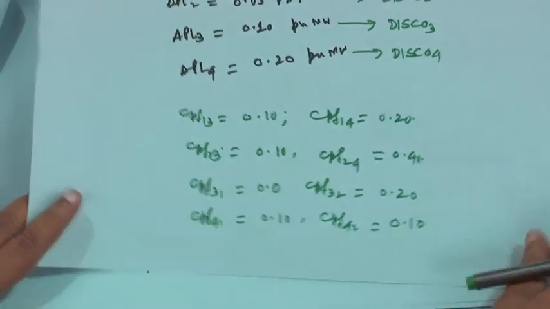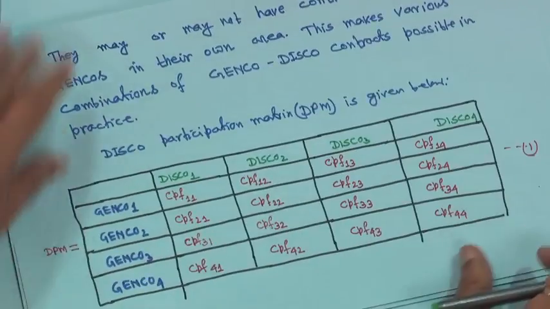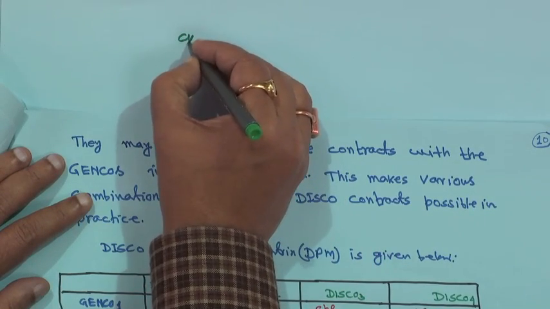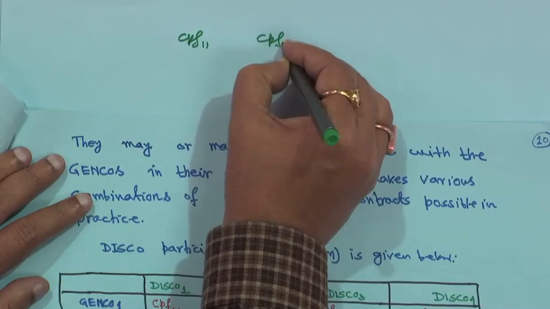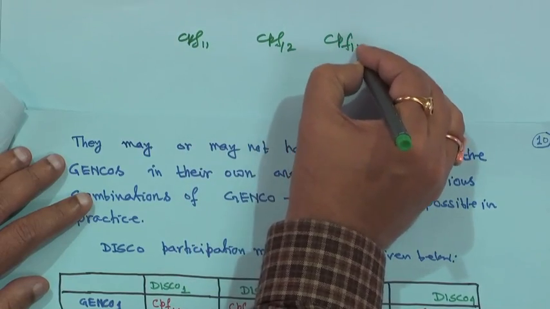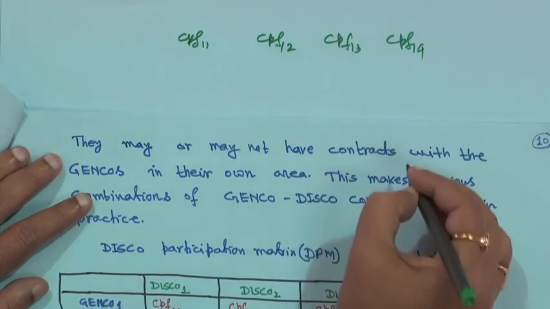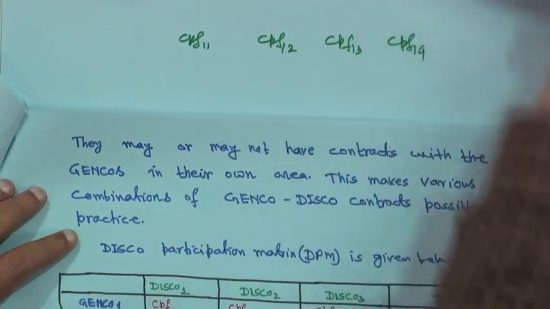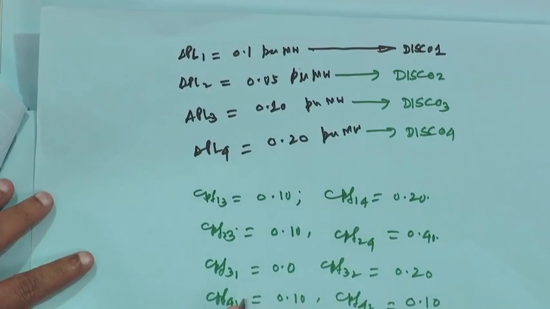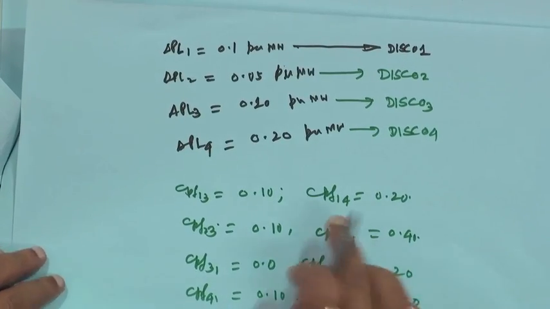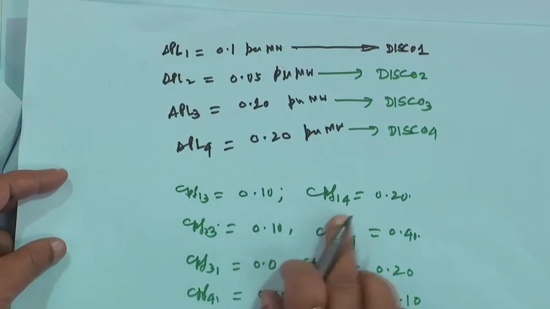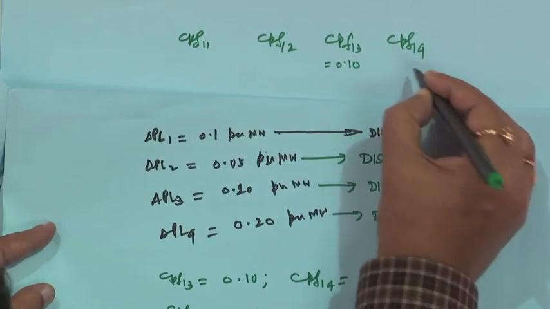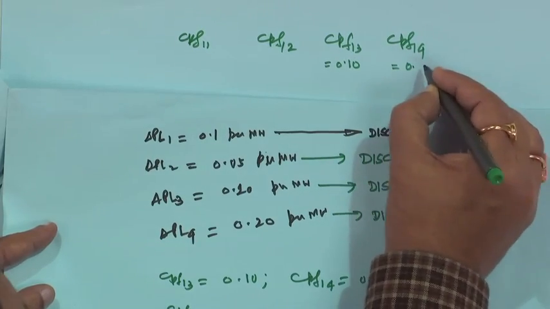First we have written CPF 11, CPF 12, CPF 13 and CPF 14. Here CPF 11, 12 nowhere appear, but CPF 13 and 14 do. So CPF 13 is 0.10, and CPF 14 is 0.20.